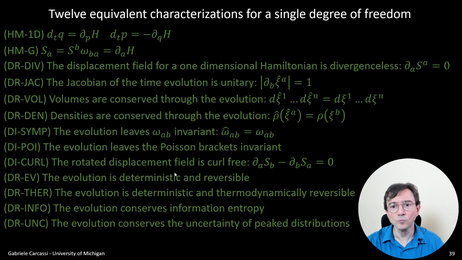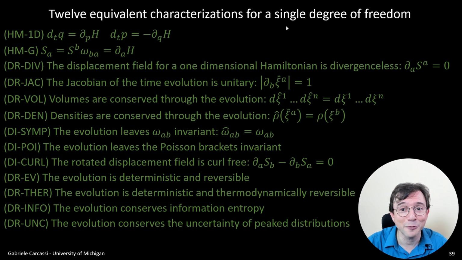So, to conclude, we have found that there are 12 equivalent characterizations of Hamiltonian mechanics for a single degree of freedom. And I understand that we saw lots of things one after the other, but to me what's important is that we always think we have an understanding of classical mechanics, everybody understands classical mechanics, but you see that there is a lot of stuff that most people don't quite appreciate, right?